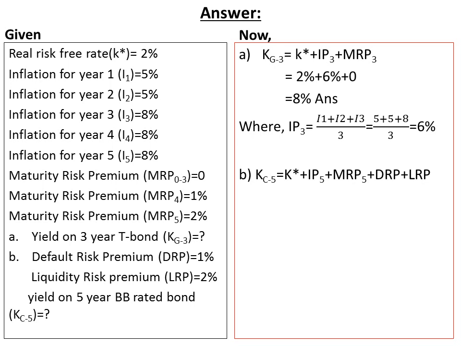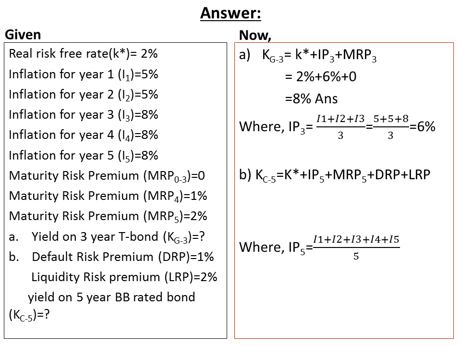First of all, you have to look at the value of each variable in the given question. We have the K star information, but we don't have the IP5 information. We have MRP5, that is 2%, DRP in the B question 1%, and LRP is 2%, but we don't have IP5. So first of all, we have to calculate IP5.